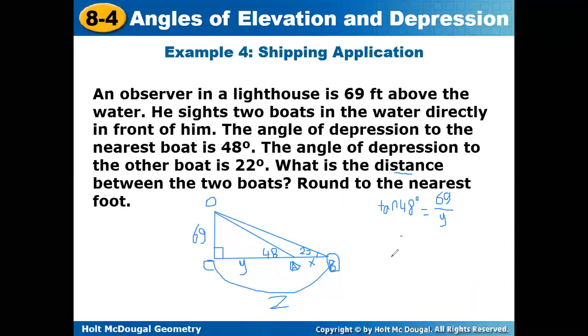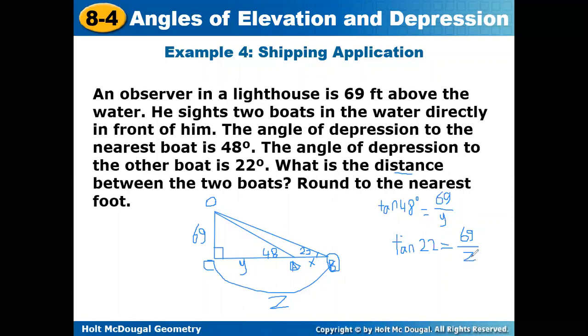And also to find z, you will use the second triangle. Okay, so you can write that tan its angle, which is 22, so tan 22 is equal to its opposite, also 69, over z, which is the adjacent leg.